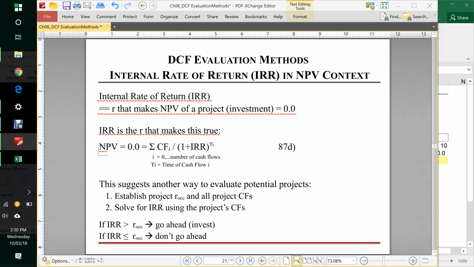NPV equals 0 equals what? Each cash flow for the project, including any at t equals 0, each one individually discounted by the IRR. And this is actually exactly the way we formulated the IRR when we looked at it previously.